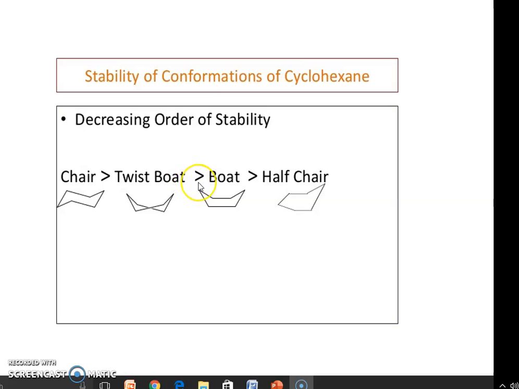Next to that, when compared to twist boat and boat, the boat conformation is less stable. When compared to boat and half chair, the boat conformation is the most stable one. And among all, the least stable conformation is half chair, and the most stable one is the chair conformation. So now, the next part.